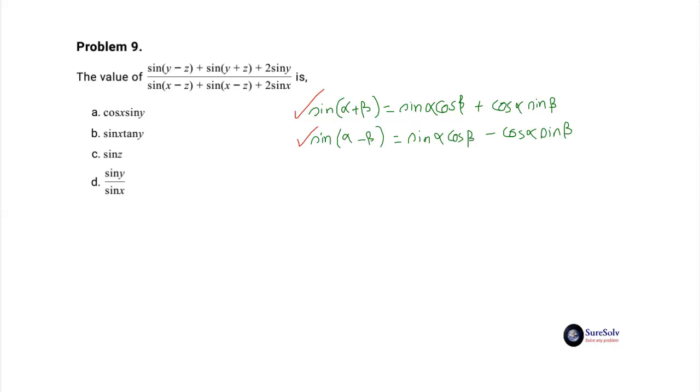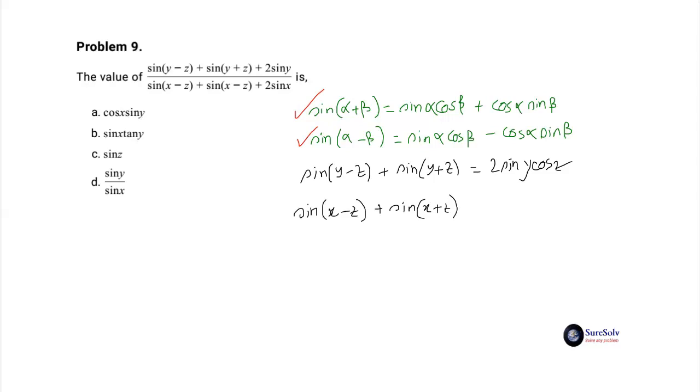When we expand the numerator sine functions, cos y sin z cancels out, leaving sin y minus z plus sin y plus z equal to 2 sin y cos z. And in the same way, when we expand the denominator, cos x sin z cancels out, leaving sin x minus z plus sin x plus z equal to 2 sin x cos z.